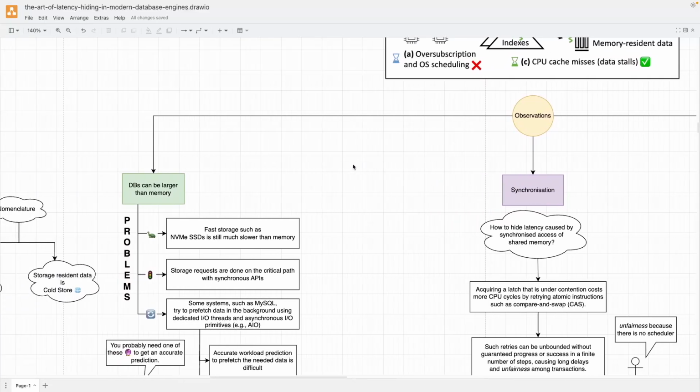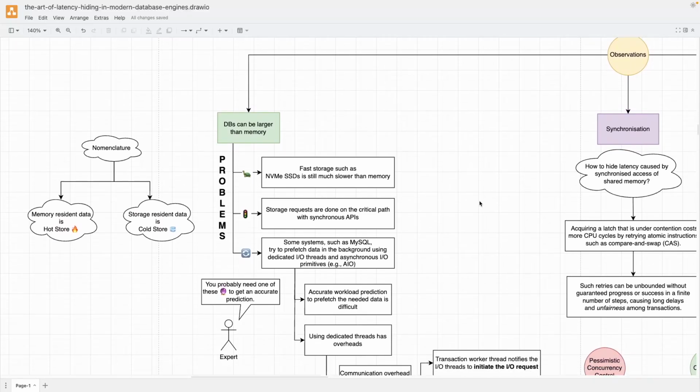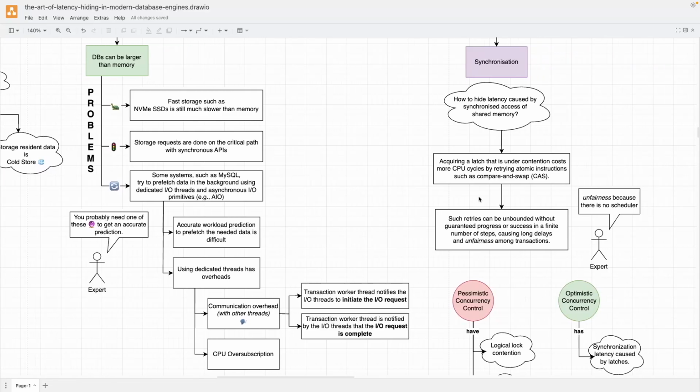So essentially here I'll just go through this part quickly because this is the same thing as I mentioned now, that databases can be very large, they may not fit in your memory. So if the data you want is sitting in your storage, how do you get that from storage and at the same time hide that latency so that the user doesn't see your database stuck just waiting for data to come from storage, right? It should always be doing some useful work. Another one is synchronization.